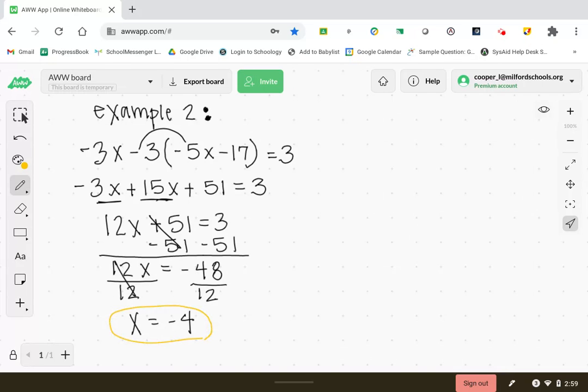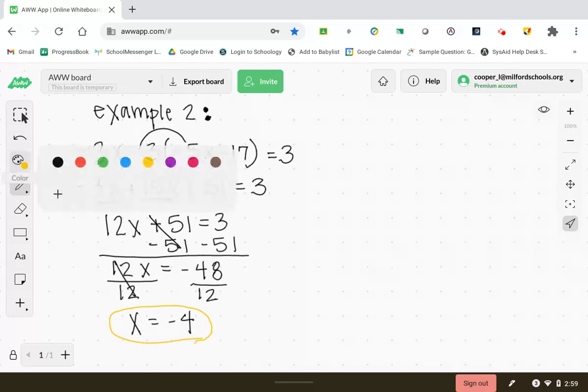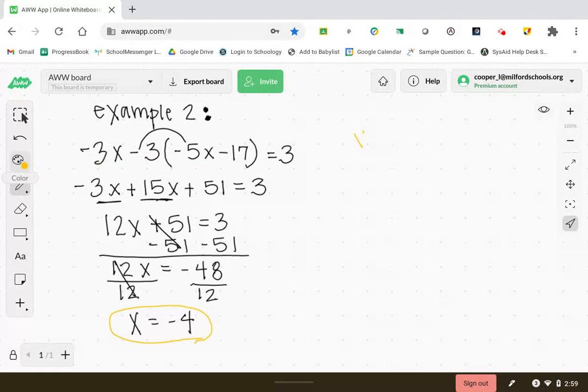I know that y equals negative 5x minus 17 in both equations. So I would like to figure out what y is as the actual number. So I'm going to go ahead and plug my negative 4 in for the x. Since I know x is negative 4, I'm going to plug that in.